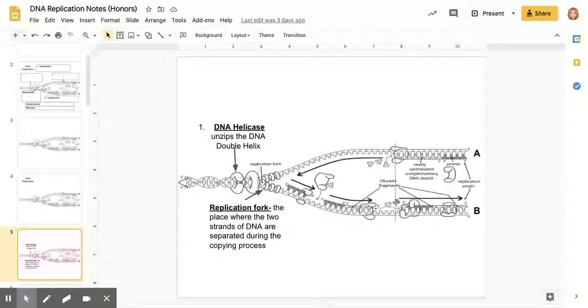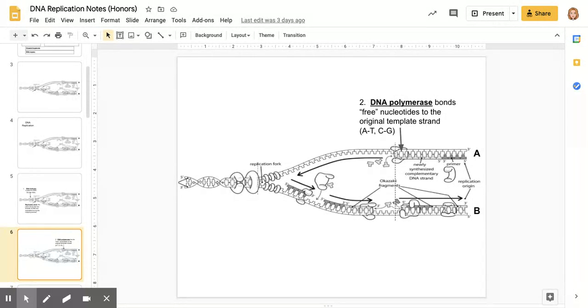Remember that DNA's structure is a double helix, and DNA helicase is an enzyme that unwinds and unzips the DNA molecule, the double helix. DNA polymerase then comes in and binds free floating nucleotides.